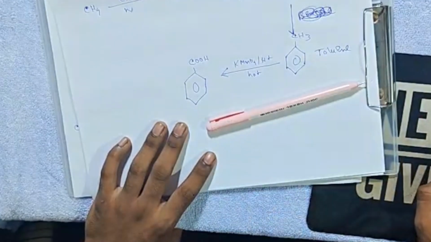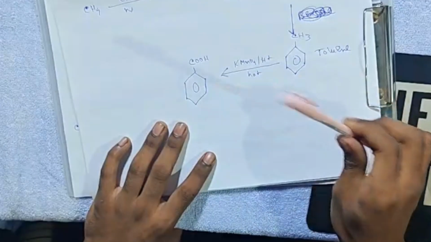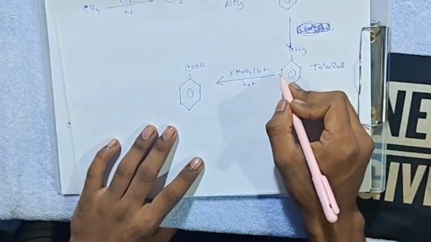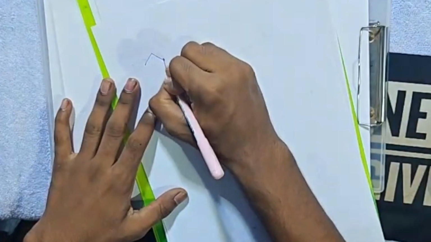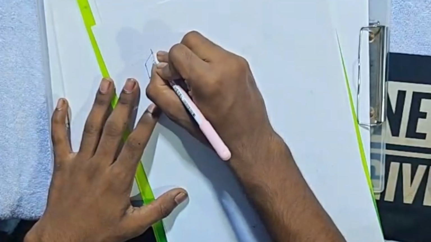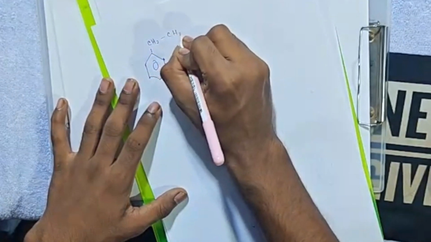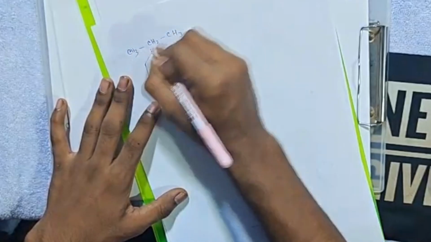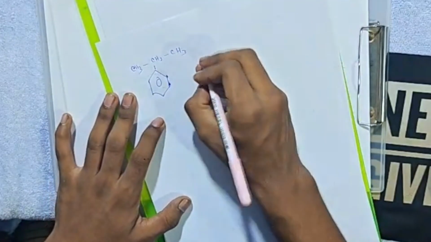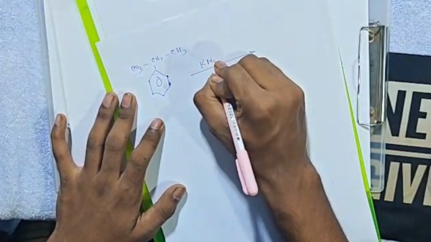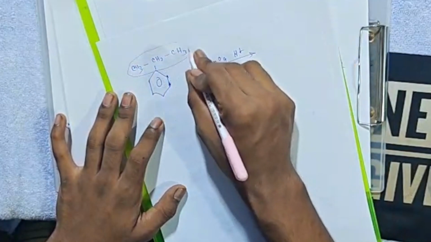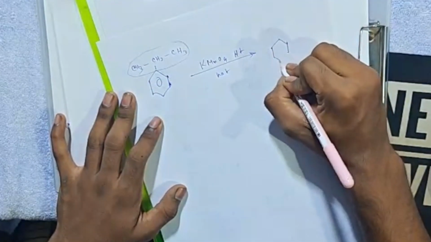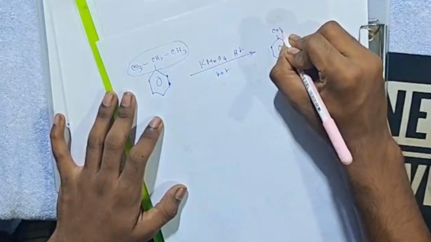Now for benzoic acid, you will say this reaction is happening because there is CH3. If there is any other group, for example if this benzene is there and beside it there is CH2CH3 or anything else, and you are giving hot KMnO4, H plus, this whole thing will go and it will become COOH.